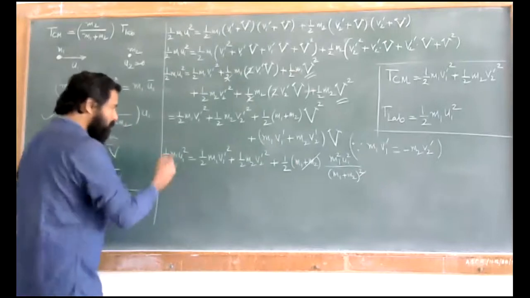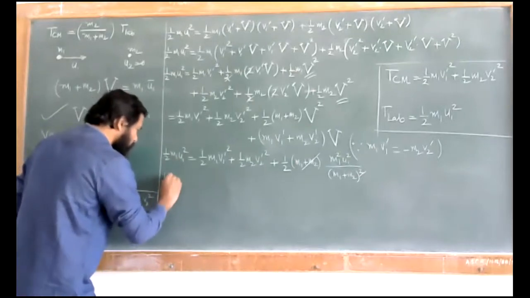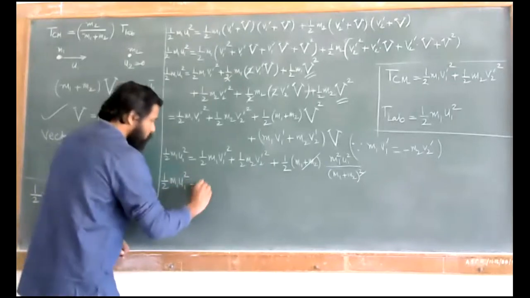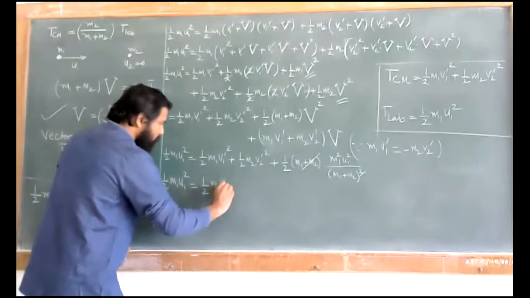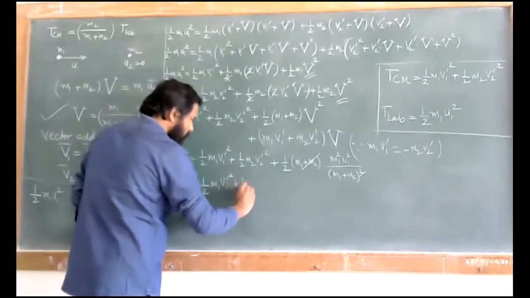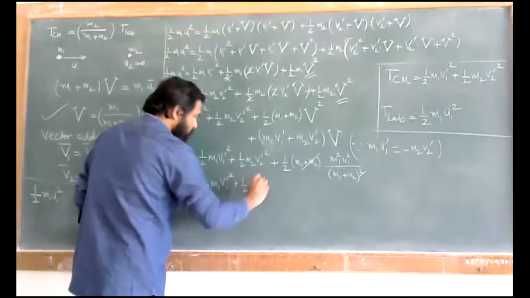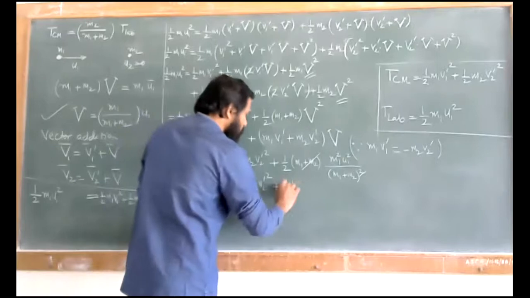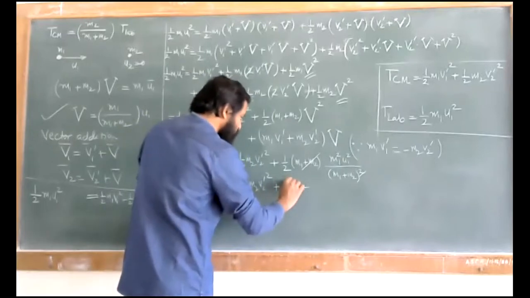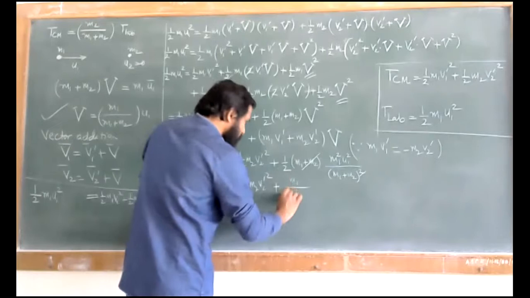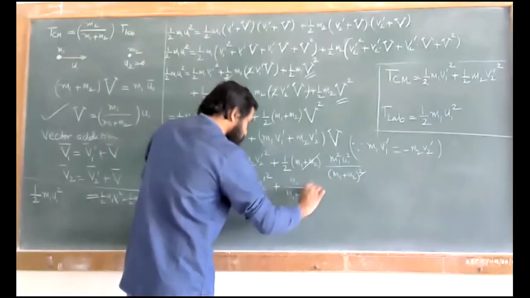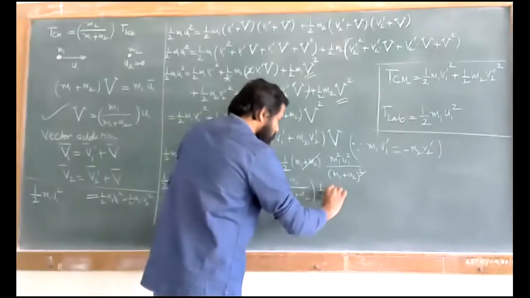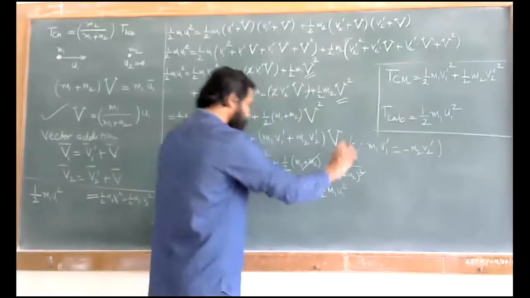So I'll write it like this. 1/2 m1 u1 square is equal to 1/2 m1 v1 dash square plus 1/2 m2 v2 dash square plus m1 divided by m1 plus m2 with the m1 square, which is equal to 1/2 m1 u1 square.